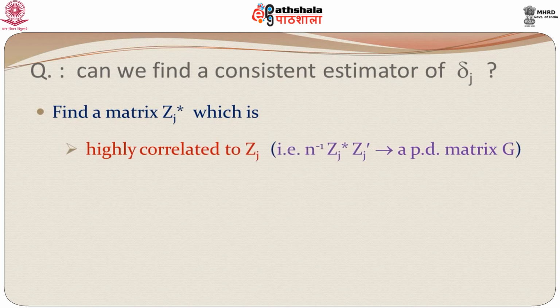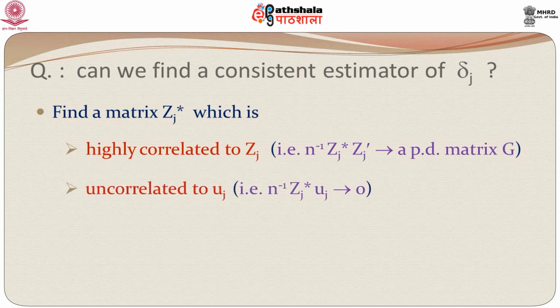Firstly, it has to be highly correlated to the original zj's, that is, n inverse zj star prime zj tends to some positive definite matrix G. They should be as highly correlated as possible, because we will be using them as a surrogate for the original zj's. On the other hand, this zj star should be uncorrelated to uj, unlike zj, which is correlated to uj.